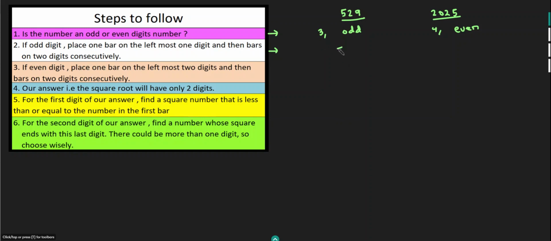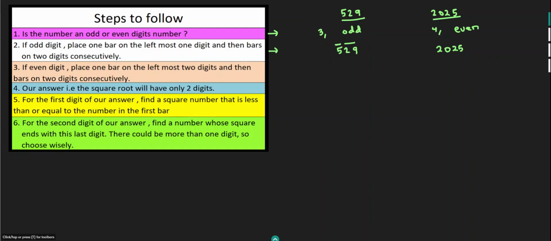For that, I consider 529. The leftmost digit is 5, so I place a bar on top of 5 and then a bar on two digits consecutively. Suppose it is the number 2025, which is an even digit number. According to step 3, we need to place one bar.